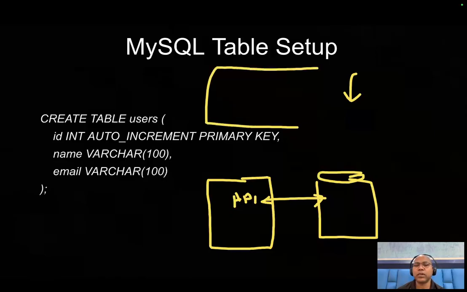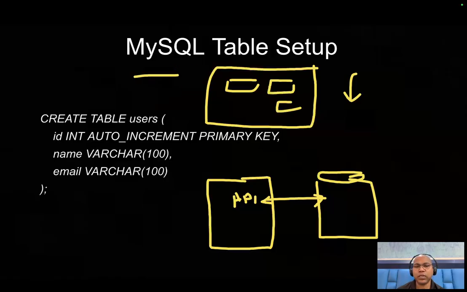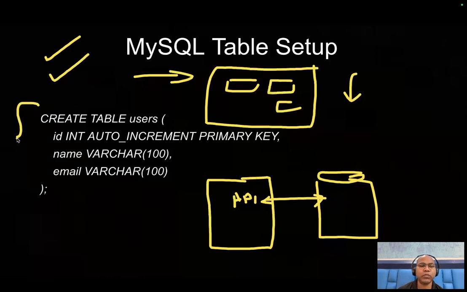Once we have created one database, inside it you are going to create some tables, maybe table 1, table 2, table 3. You do these things yourself. Just install MySQL, create a database, whatever you want, and after that we are going to create one simple table like users. A user has a name, an email ID, and one user ID column that is auto-incremented and is the primary key.